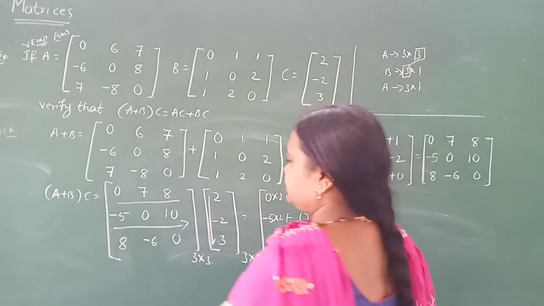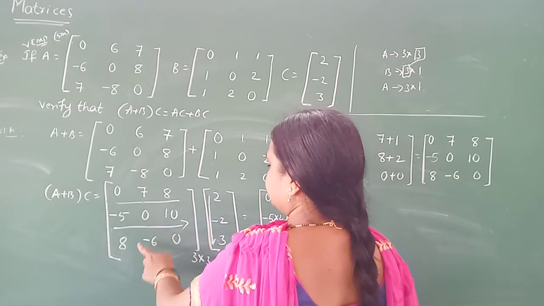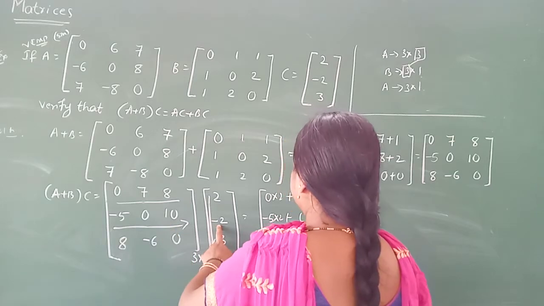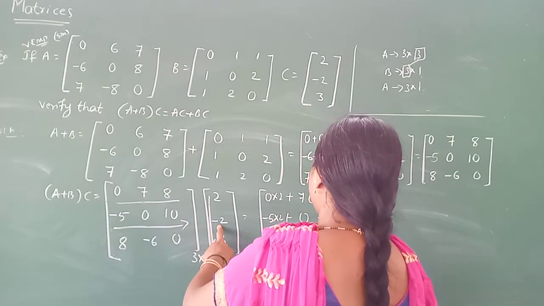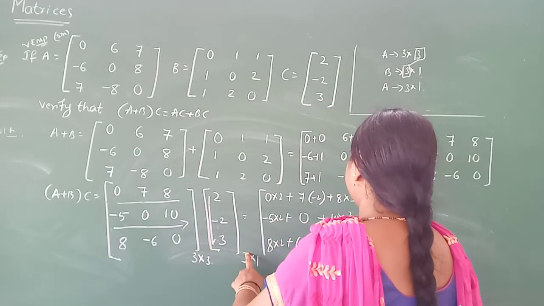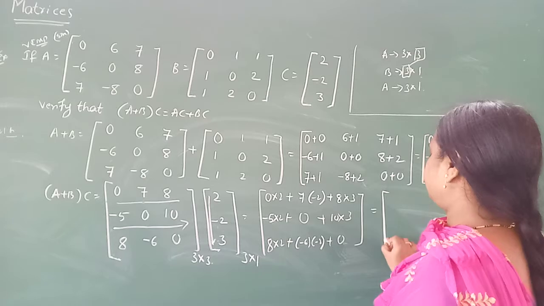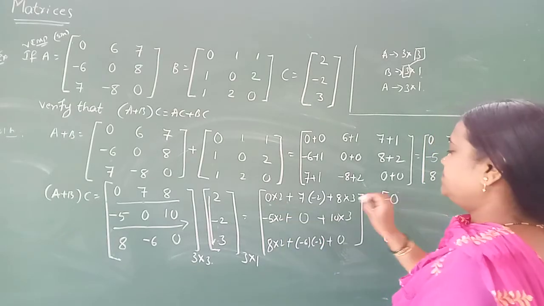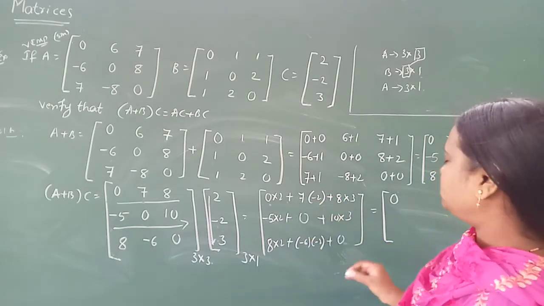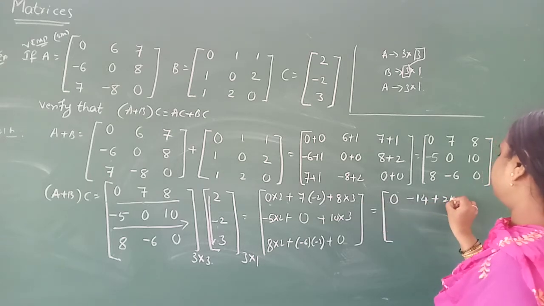Next. 8 into 2 plus minus 6 into minus 2, minus 6 into minus 2, 0 into 3. 0 into 3 is 0 only, you know that. 0. Minus 40 plus 24.